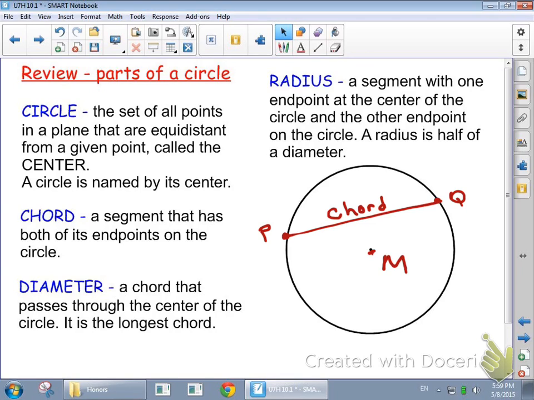So here I'll draw in my diameter and label it AB. So I have my diameter AB, and I have my chord PQ. But because my diameter has both of its endpoints on the circle, it's also a chord.